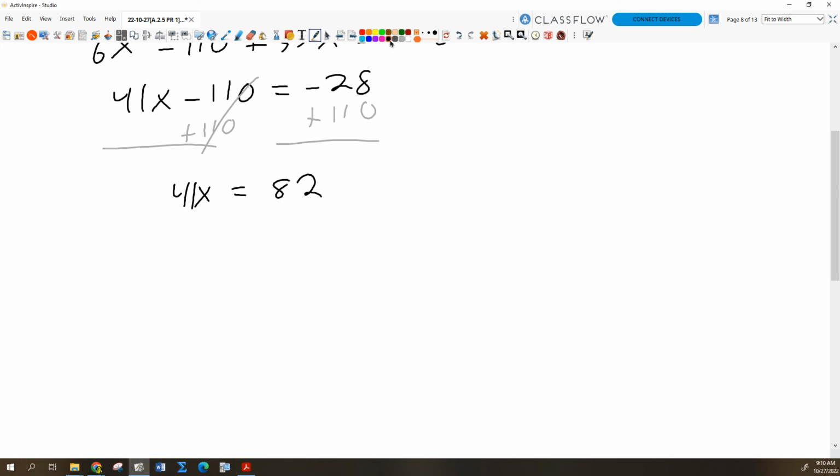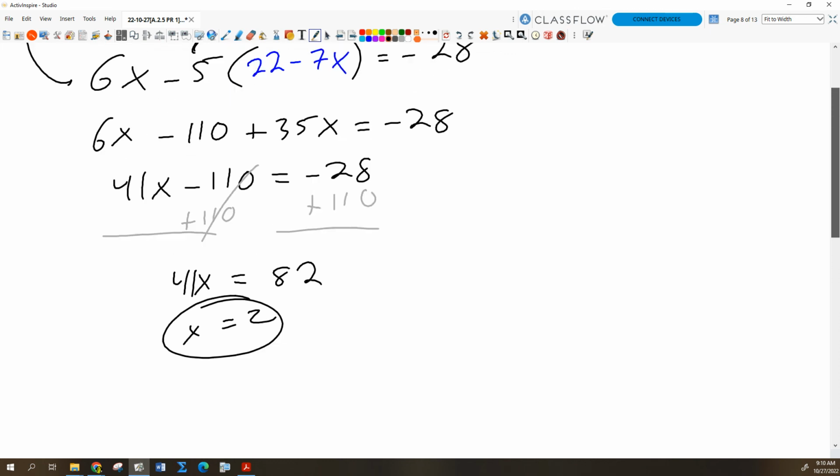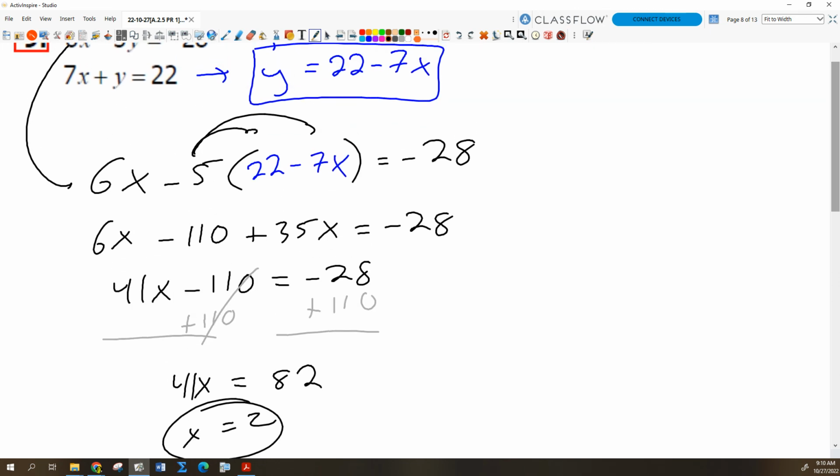So what's x equal to? 2. There you go. If I divide by 41, x equals 2. Am I done? Nope. Where do I go? Okay, good. Right there, boxed equation, right? And why the boxed equation? Because it's already solved for y, right? So if I plug that value in, what do I get?